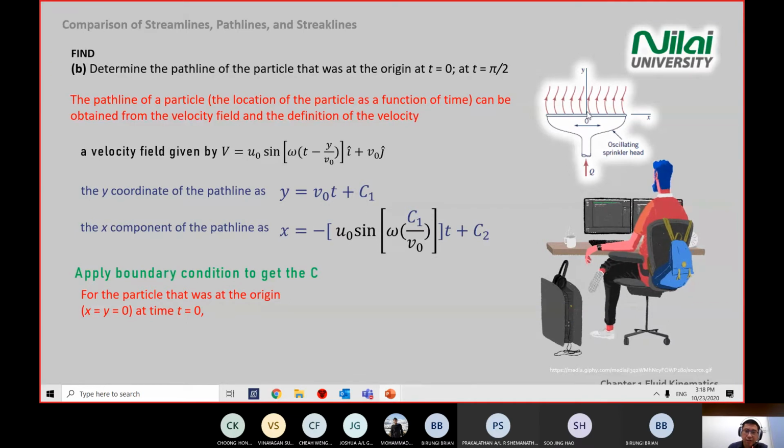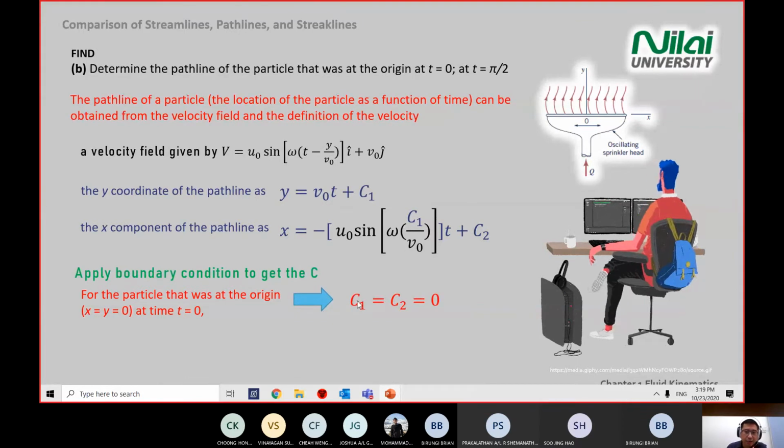Here, this is the origin of the axis, x equal to 0, y equal to 0, at time equal to 0, because in section B, it gives you two locations. One is t equal to 0, the other is t equal to pi divided by 2. We look at the first coordinate first, which is t equal to 0. You substitute all this inside this equation, and you're able to find that C1 and C2 are equal to 0.